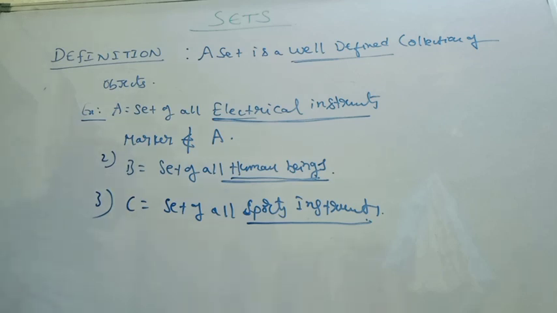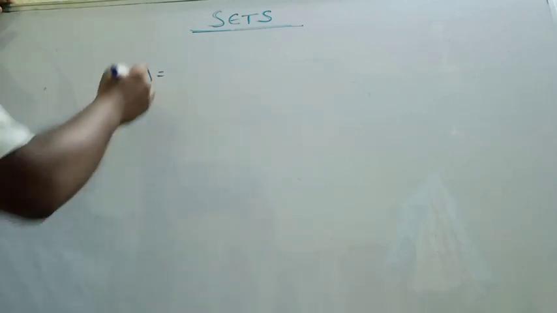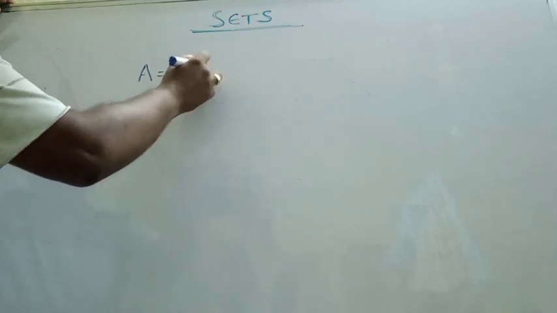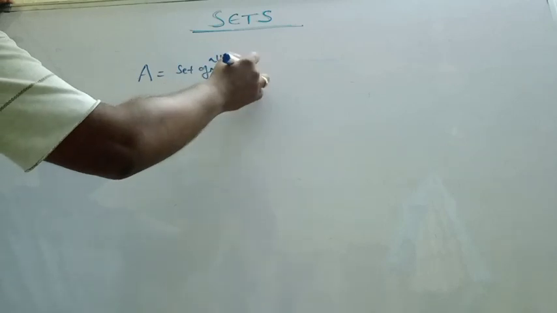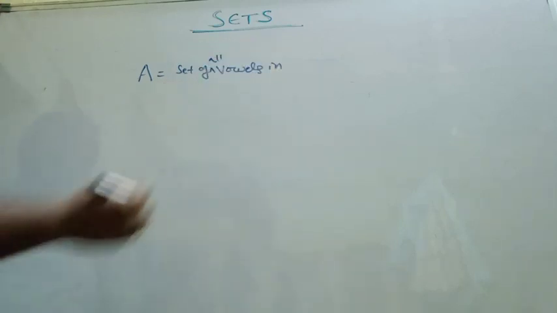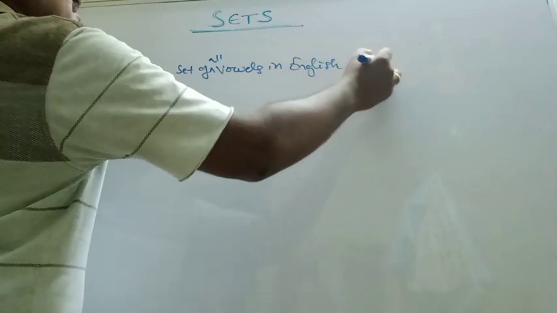Now we are going to discuss the different ways of representing a set. Any set is generally denoted by capital letters, something like set A. Set of all vowels in English alphabets, something like this.